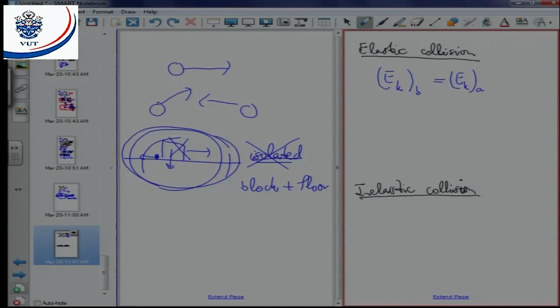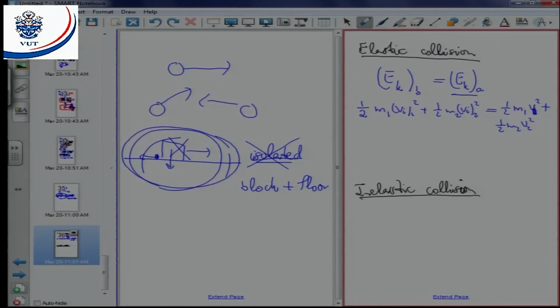So if you have two particles, the kinetic energy before is 1/2 the mass of particle 1 multiplied by the initial speed of particle 1 squared plus 1/2 the mass of particle 2 times the initial speed of particle 2 squared, and this is equal to the kinetic energy after, which is 1/2 the mass of particle 1 times the final speed of particle 1 squared plus 1/2 the mass of particle 2 times the final speed of particle 2 squared.